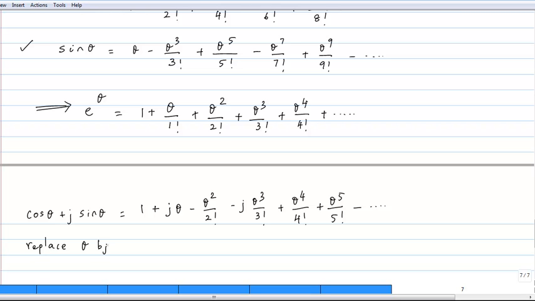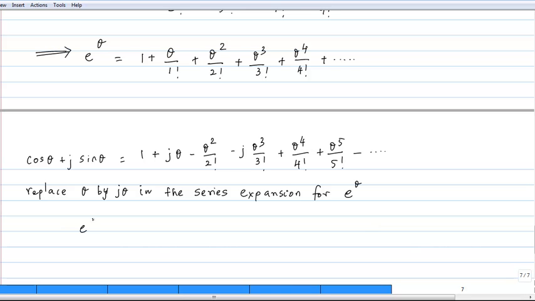So that gives us 1 plus j theta plus j theta squared over 2 factorial plus j theta cubed over 3 factorial plus j theta to the 4 over 4 factorial, so on and so forth. Just write one more term here.